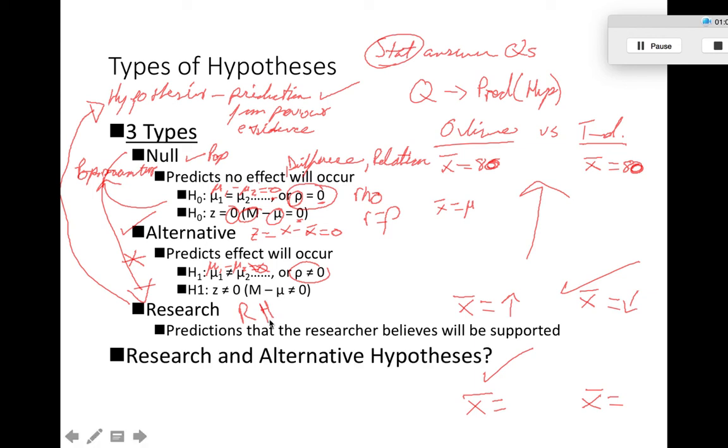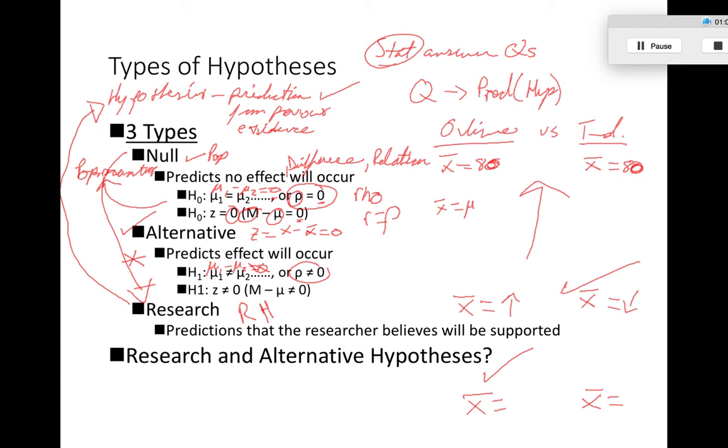So there's a huge issue of debate here, the difference between a research and an alternative hypothesis. Many statistics textbooks and research methods textbooks will say the following, that the alternative hypothesis is always the same thing as the research hypothesis.